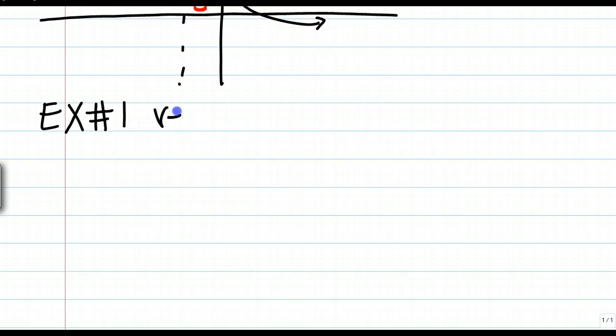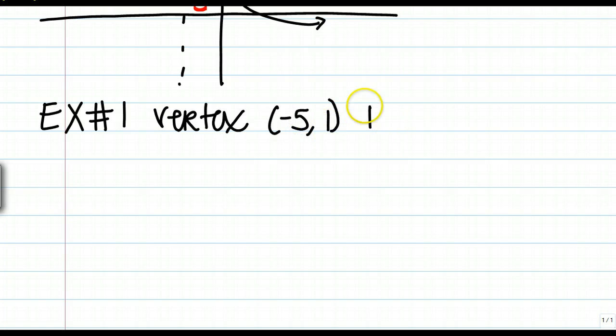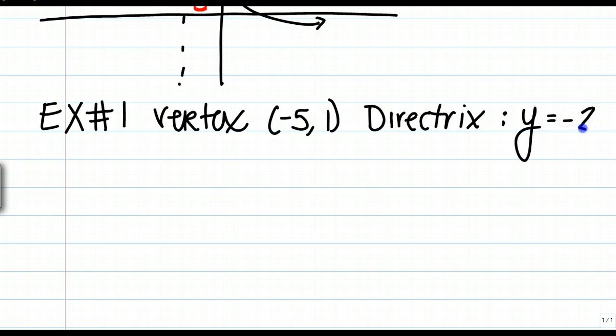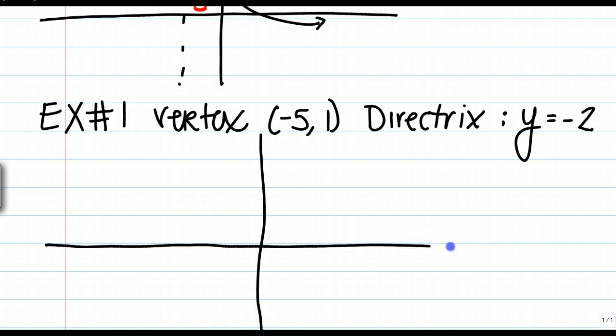I could tell you that you have a vertex at -5, 1, and a directrix at y equals -2. So we can go ahead and graph that.